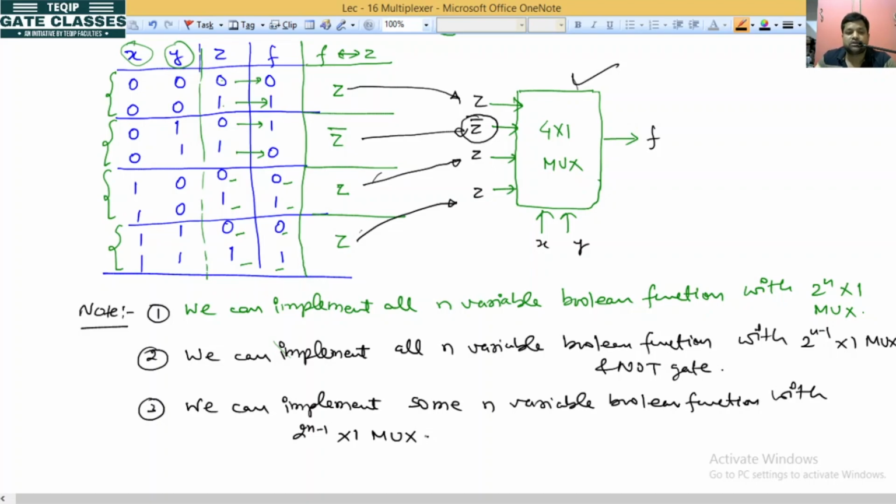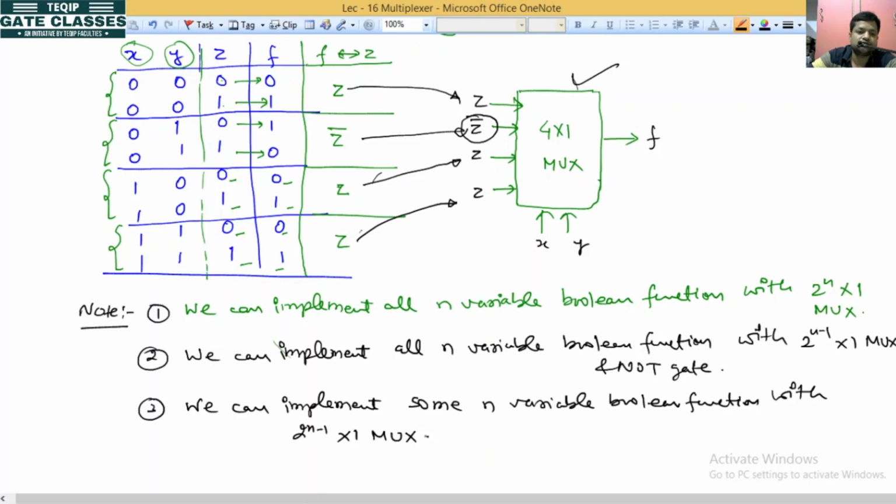The meaning of the second point is you can implement all the n variable functions with the help of a 2 to the power n minus 1 cross 1 mux, but there is a requirement of a NOT gate also.